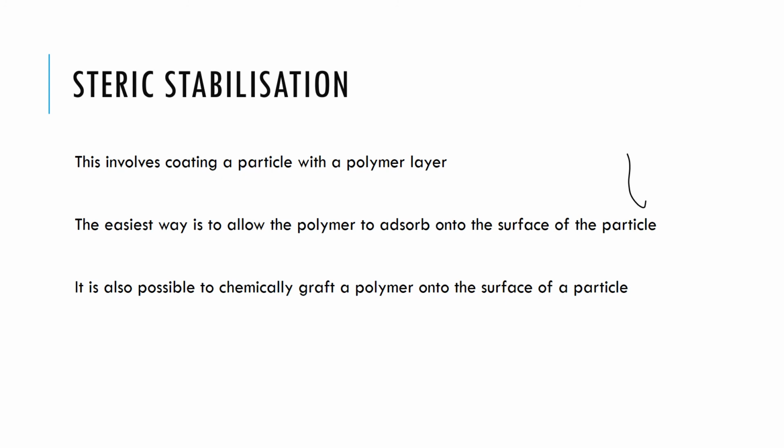Steric stabilization involves coating a particle with a layer of polymer, and the easiest way to do that is just to use charge interactions or hydrophobic interactions and allow the polymer to adsorb just onto the surface of the particle. But you can also chemically graft a polymer onto the surface.